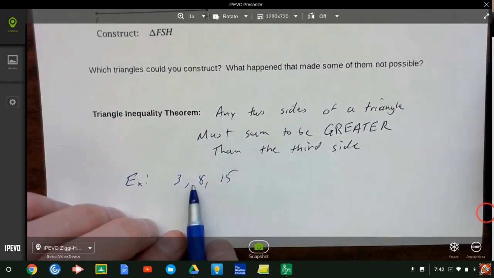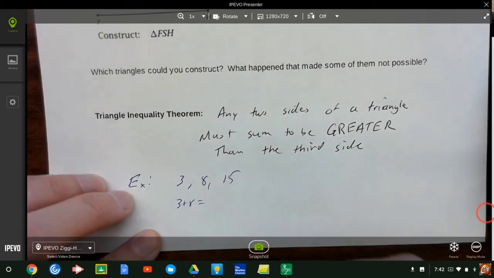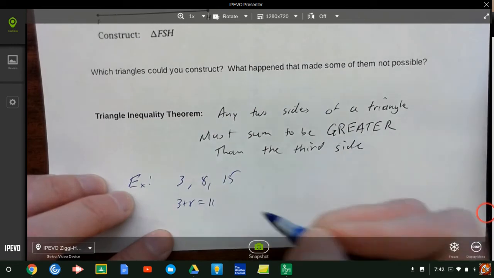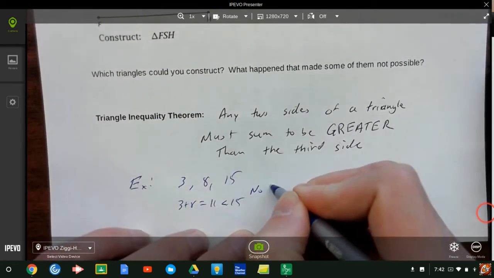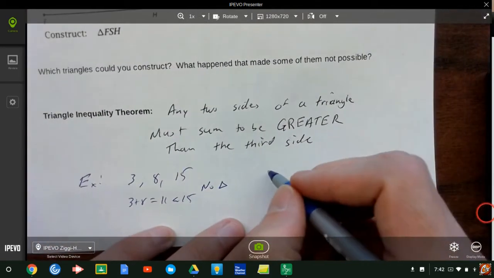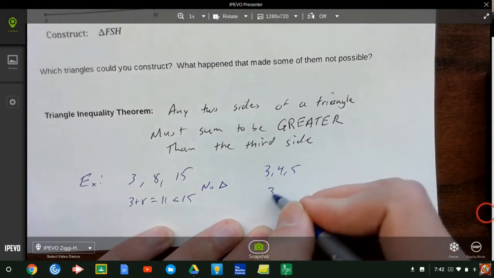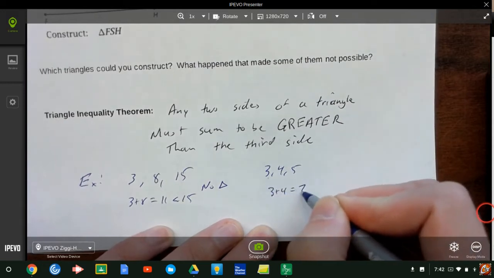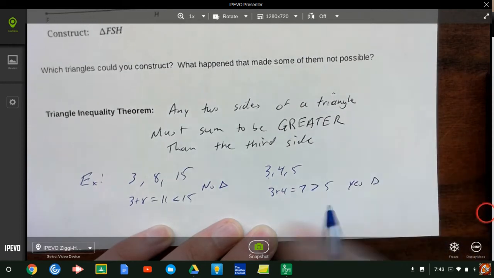Well, if I add 15 to any of those, it's obviously going to be bigger. But if I add 3 plus 8, that's only going to give me 11. And 11 is less than 15, so no triangle. If I gave you the sides 3, 4, and 5, well, 3 plus 4, the 2 smaller sides, are 7, which is greater than 5, so yes, triangle.